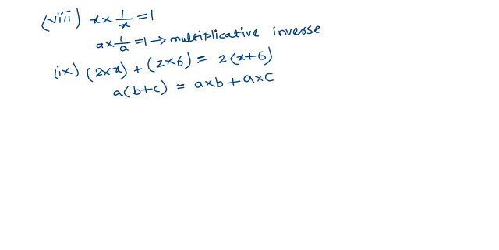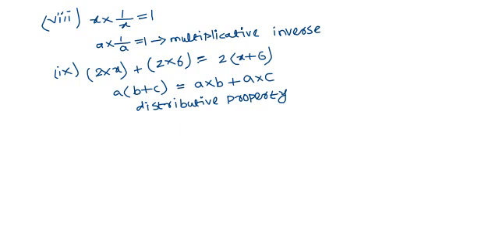Next, the 10th one. Now only 9 is there. Now we'll go for the second question, second bit. Write the additive and the multiplicative inverse of the following. First one: minus 3 by 5.